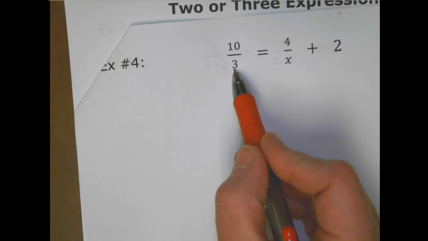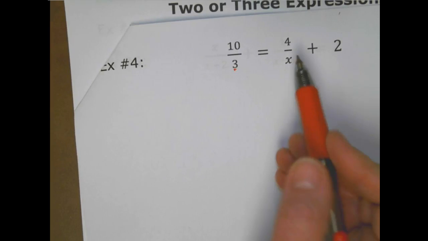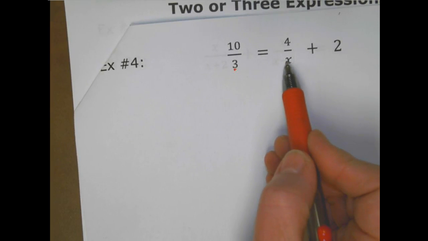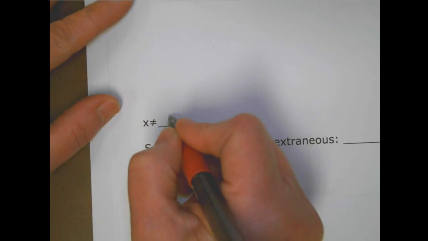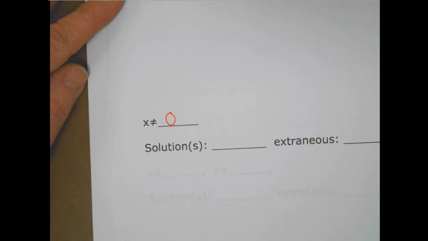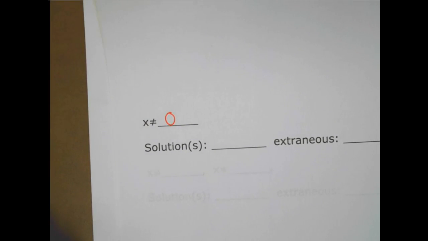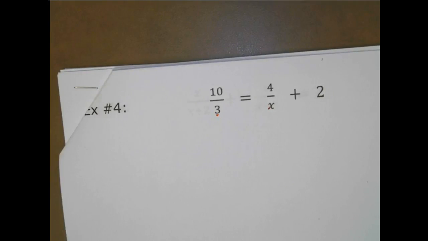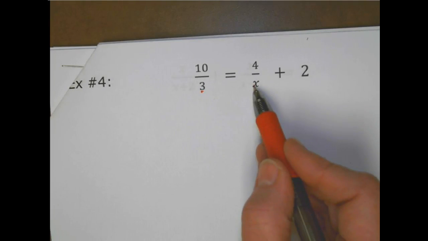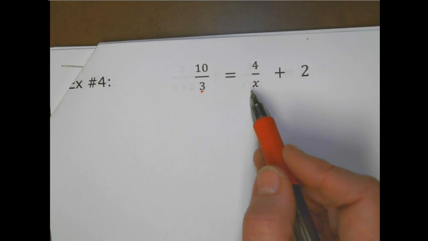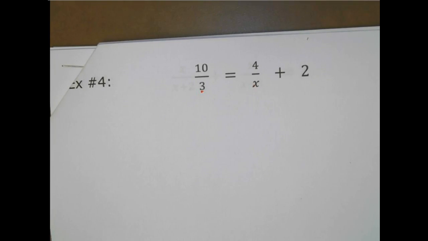Can 3 equal 0? No. So this is where I get my excluded value. X cannot equal 0. And the other one doesn't even have a denominator. So this is the only excluded value. This x right here can't be equal to 0 because I can't have a 0 in the denominator.